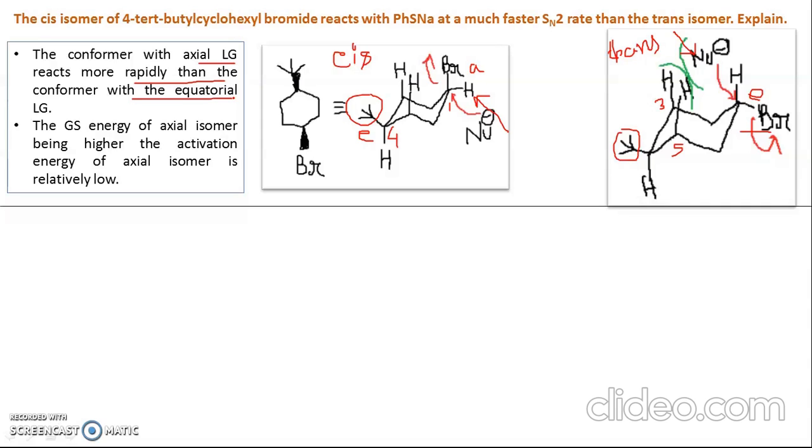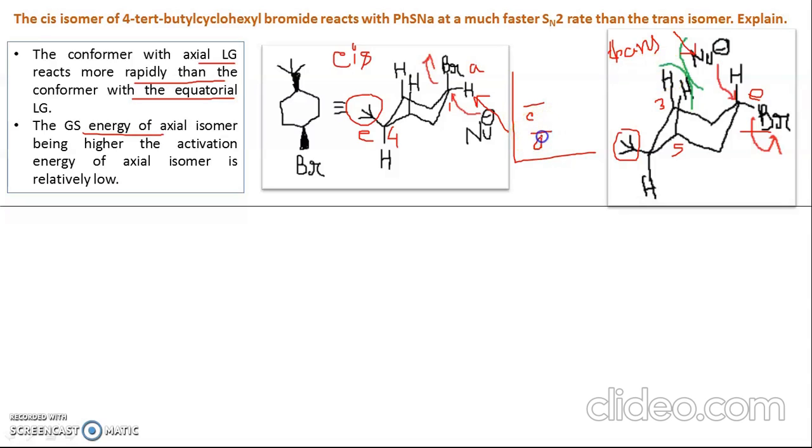Another reason you can also consider is the ground state energy, just before the reaction. Suppose the starting materials are one cis and another trans. In the energy profile diagram, this is the energy of cis. Because Br is axial, the ground state energy is always higher.